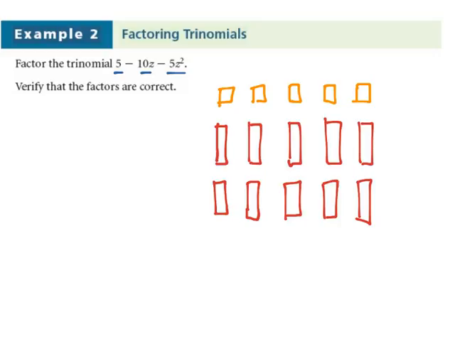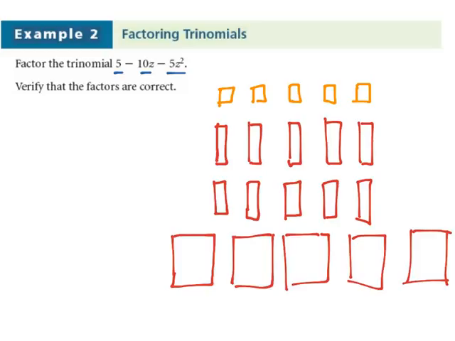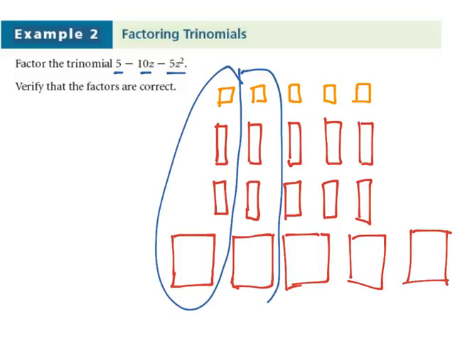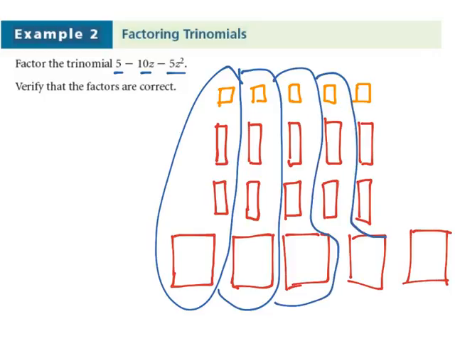And what we're trying to do is group them equally so that each group has the same number of the same type of shapes. So we have one group, another group, another group, another group, and a last group. And we have 5 of those groups. So that means 5 is a factor.